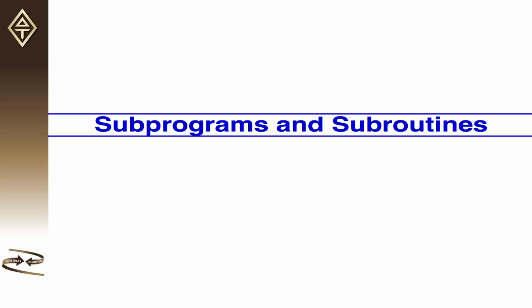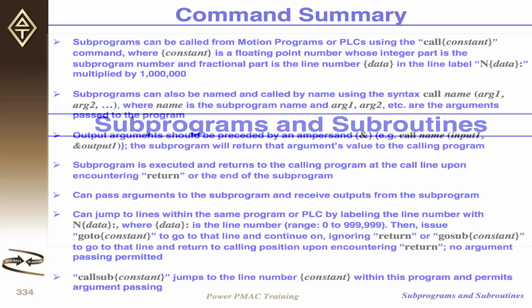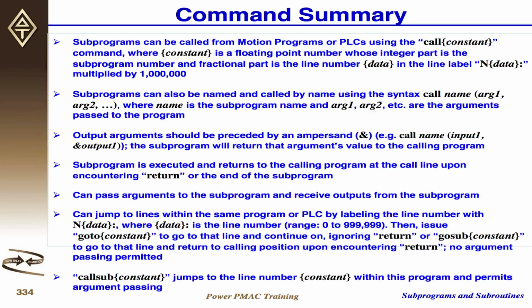Power PMAC can execute subprograms other than motion programs and PLC programs. You can also call subprograms and execute whatever in the subprogram you want to do. Subprograms can be called from a motion program or a PLC program using the call command.